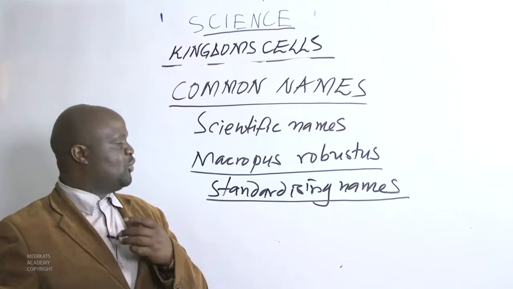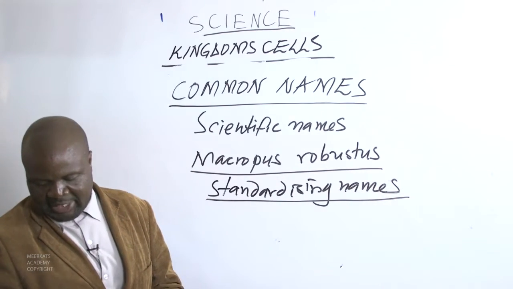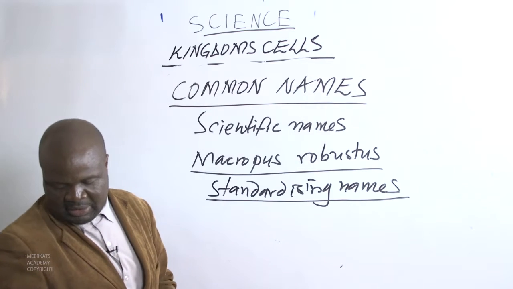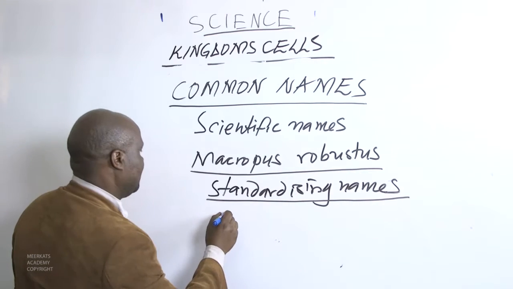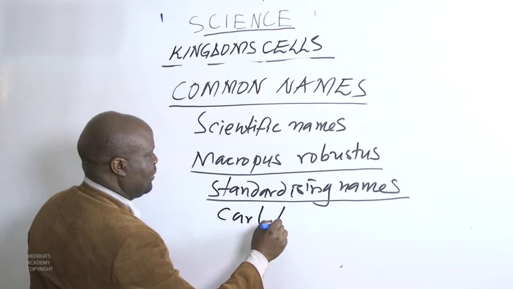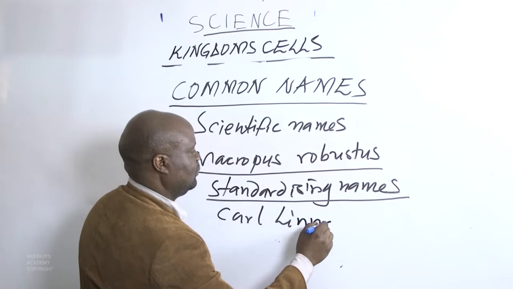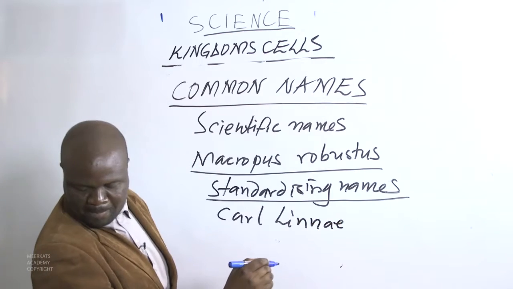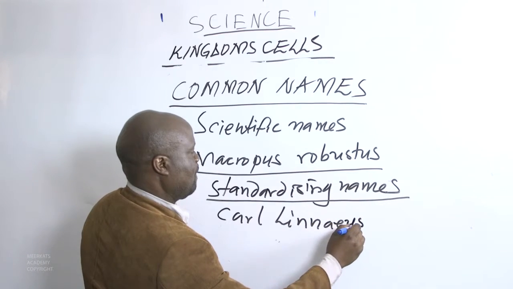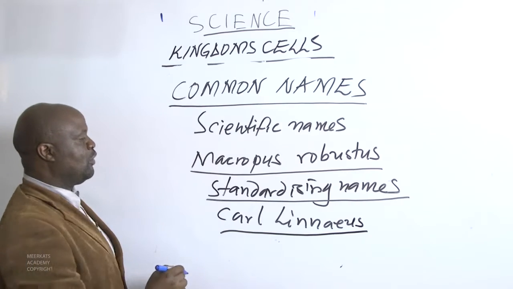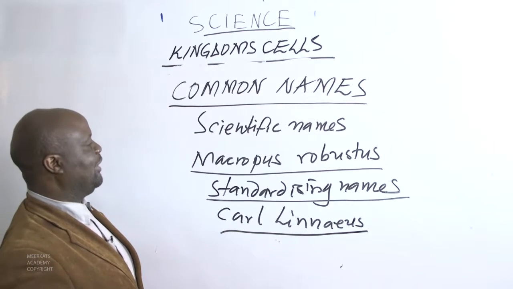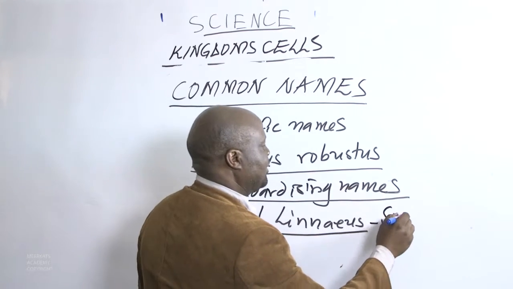We are told a scientist by this name, Carl Linnaeus, is a Swedish scientist.